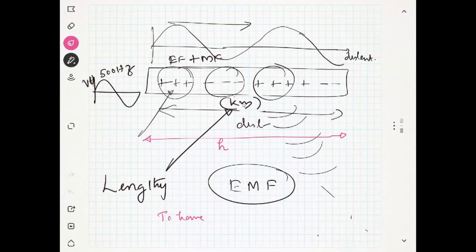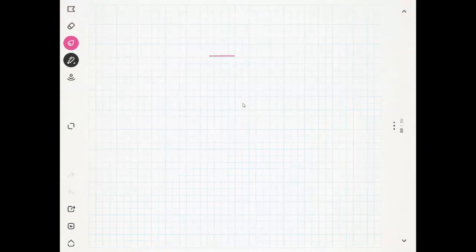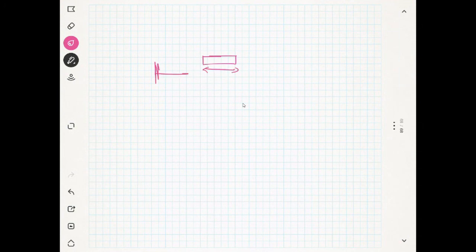So what you can do, suppose you have a small piece of antenna. This may be your size of antenna in your mobile phone. Then the signal should change very fast, right? If the signal is changing very fast, you increase the frequency.